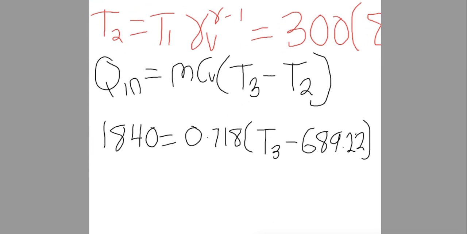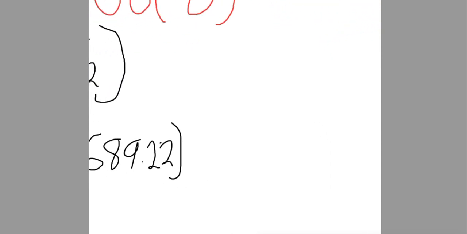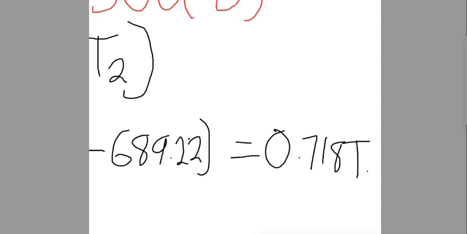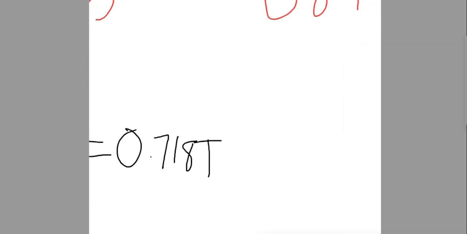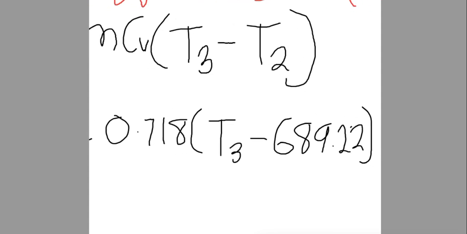First of all, 0.718 will multiply both sides. So therefore, we are going to be having this equals 0.718 T3, then we have minus 0.718 multiplied by 689.22.